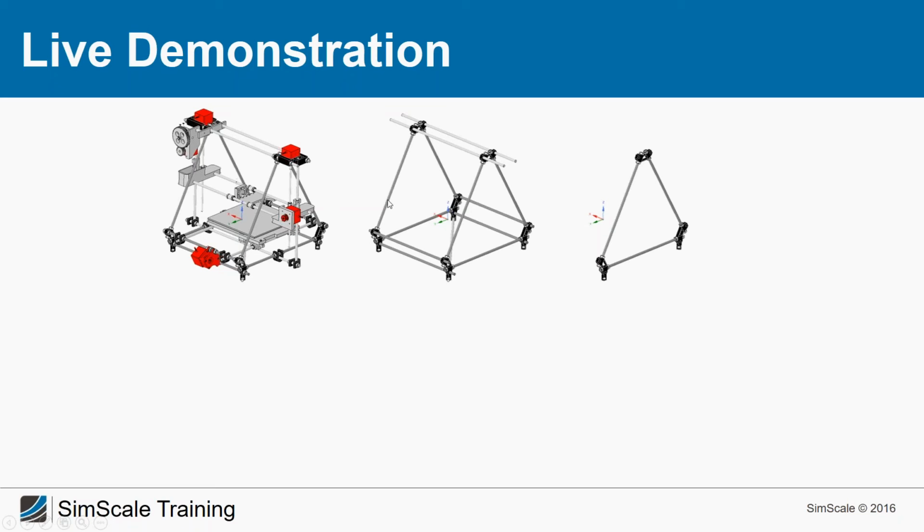And so what we will do right now is to investigate what the eigenfrequency of this frame is and what happens if, for example, a step engine is operating at such an eigenfrequency.